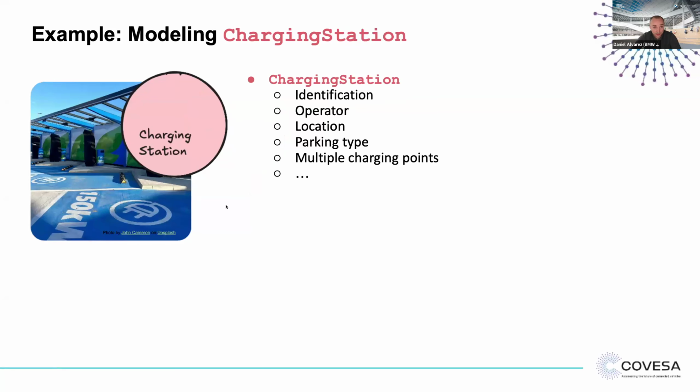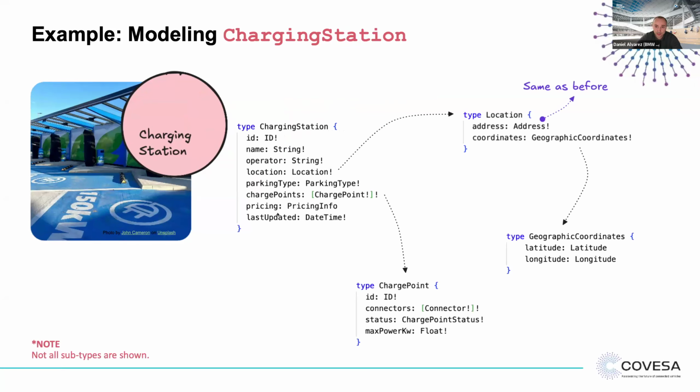So if we move back to this example, we model the charging station and also connections to other aspects. As you saw, location is a type in its own, and it is connecting to the address that we modeled before, and also to geographic coordinates, latitude and longitude.